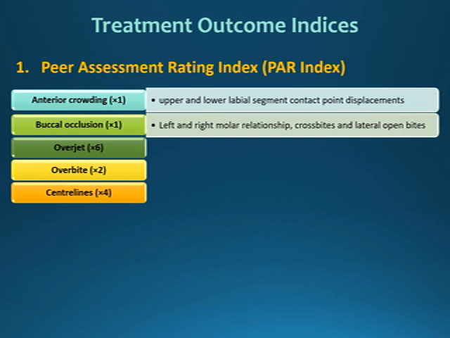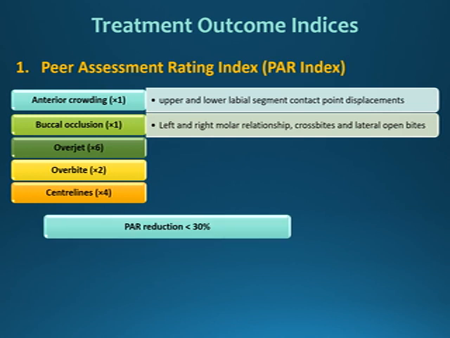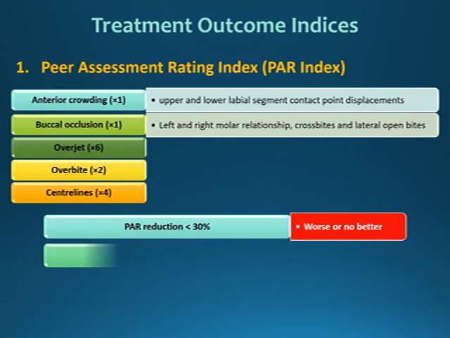As I mentioned earlier, the difference between the pre-treatment PAR score and the post-treatment PAR score represents the degree of improvement of the case. So if the PAR reduction was less than 30%, that means the case was worse or there is no better change according to treatment.